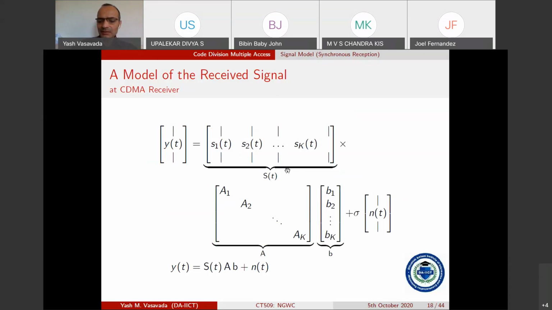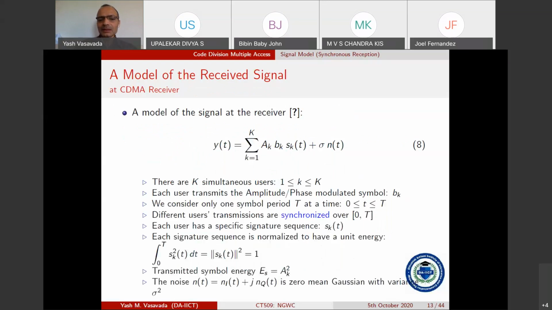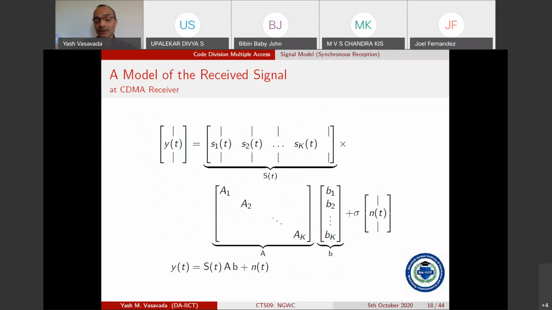So I'm writing the exact same equation, summation over k of ak, bk, sk of t, in a manner which should remind you of what we have done for CT516. I stacked all of this S1, S2 up to S of k, the signature sequences, as columns of a matrix that I'm calling S of t.